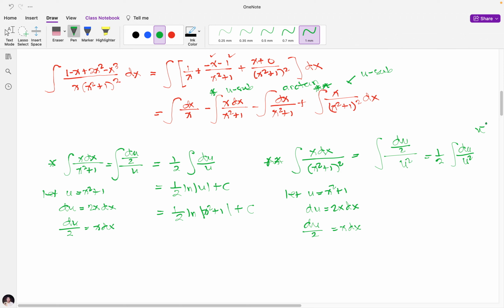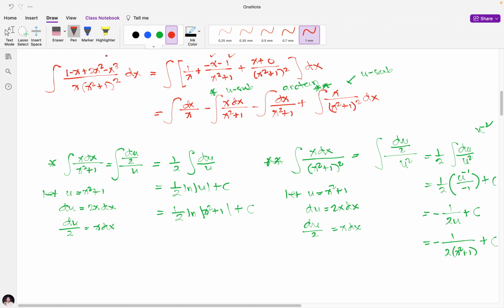That is just u to the negative 2, so we have 1/2 times u to the negative 1 over negative 1 plus c. So that is negative 1 over 2u plus c. u is x squared plus 1, so this is now negative 1 over 2 times x squared plus 1 plus c.